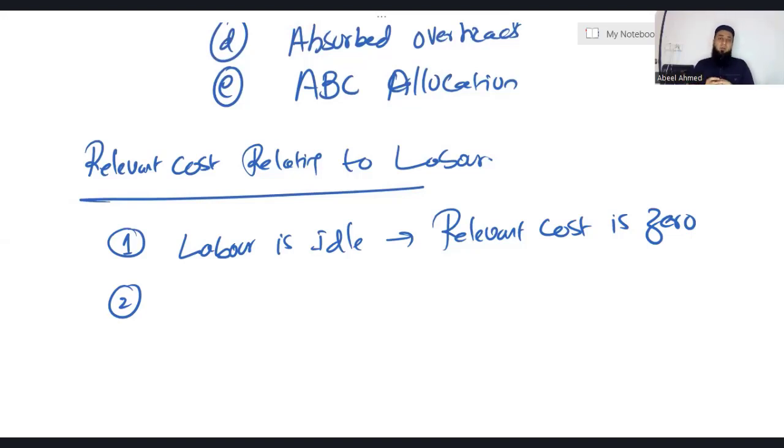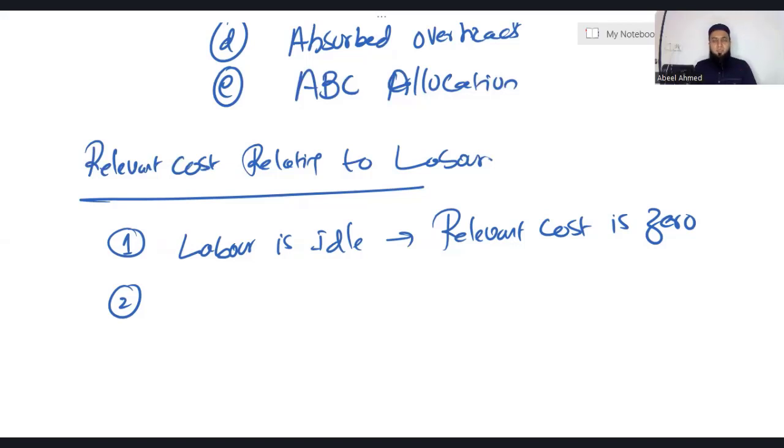But if your existing labor is going to work for the new project, then existing work will be stopped and there will be a contribution loss, since your existing labor is at full capacity and that labor is so specialized, so skilled that he cannot be replaced.